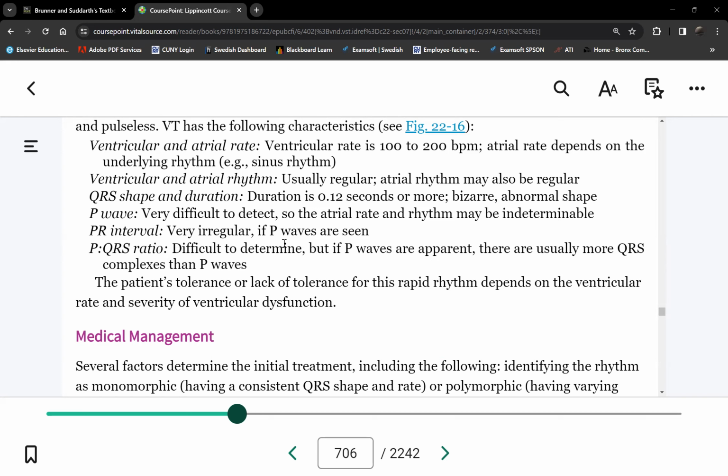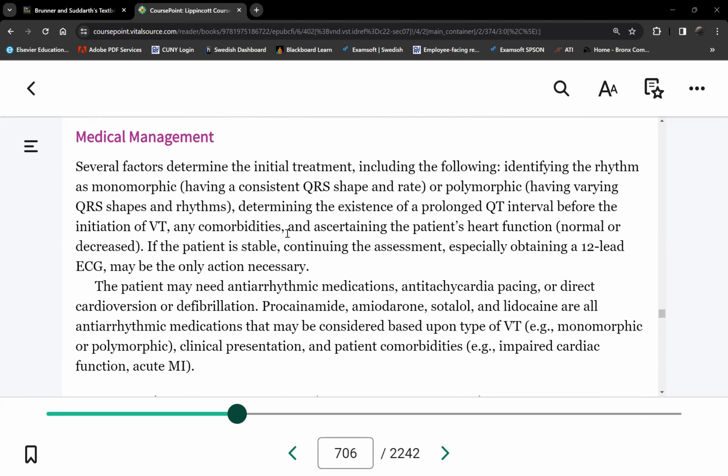You see her awake, but on her cardiac monitor, she's showing VTAC. What do you do? Check the patient, because remember, there are two types of VTAC. Obviously, she's awake, so she must have a pulse. Go on and check her pulse. You confirm there is a pulse. So the management will depend.